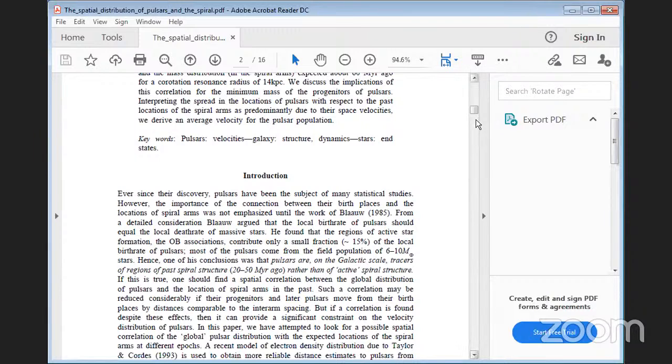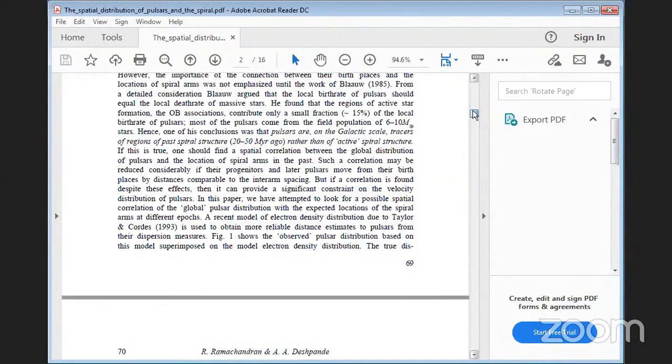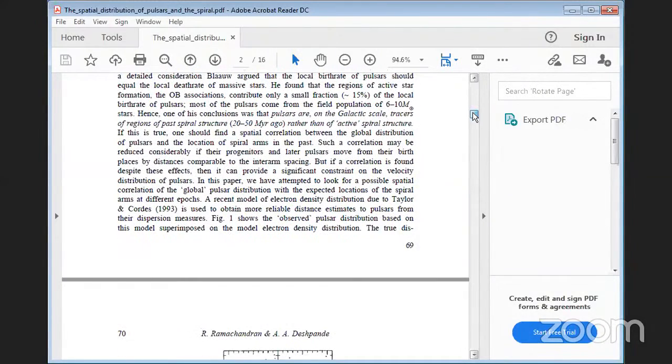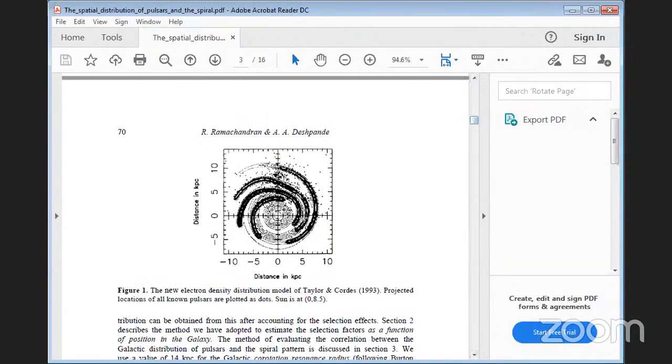And so the tangential speeds become equal at some radius. It's called the co-rotation radius. It's also an unknown for our galaxy in principle, but it can be estimated through analysis like the one I described. So this is the distribution of pulsars in our galaxy at the time when the study was done.